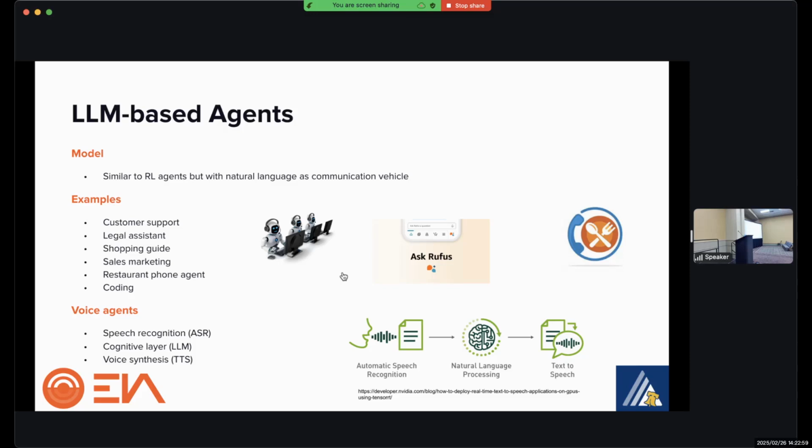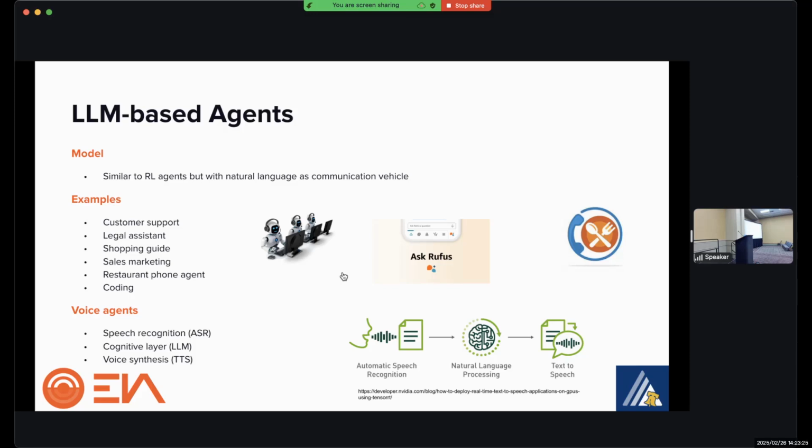We have seen examples in shopping guides. For example, Amazon has developed an agent called Rufus that helps you navigate around the Amazon website. They can do sales and marketing, both inbound and outbound, and create and maintain sales leads for salespeople.